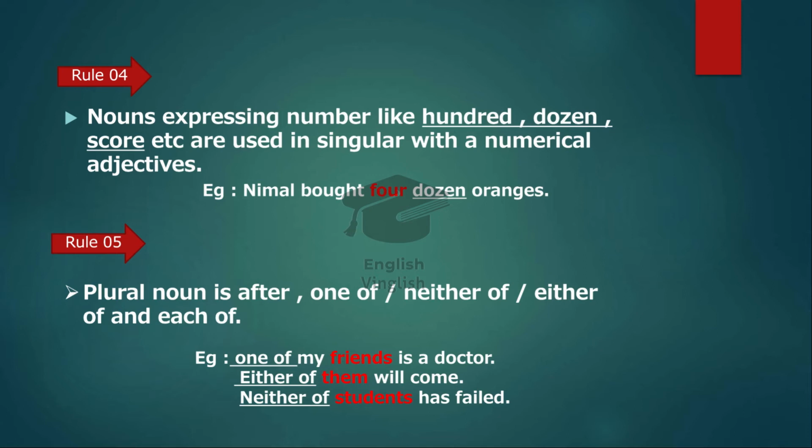Either of them will come. Neither of student has failed. If it is neither of student has failed, the sentence is grammatically wrong. The noun student should be in plural form with neither of in the given sentence.